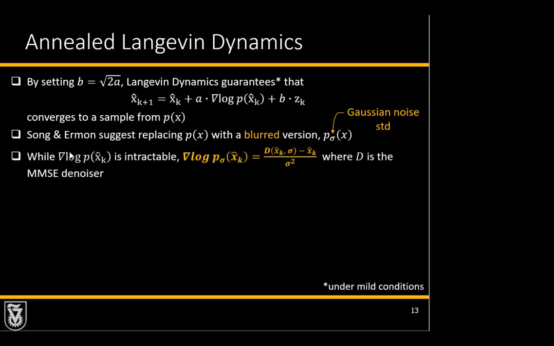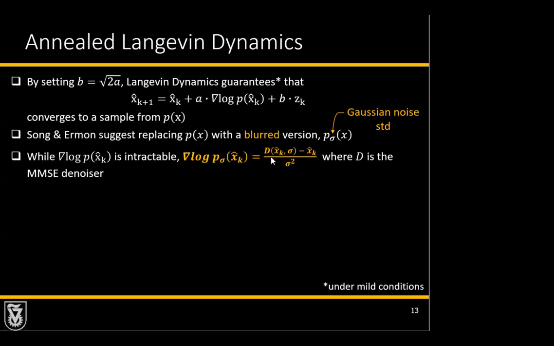Now, while the original score function was intractable, the blurred score function, the gradient log of P sigma, is actually exactly equal to d of x minus x itself divided by sigma squared. What is d? D is the minimum MSE denoiser. It is the denoiser that minimizes the MSE loss, the mean square error.